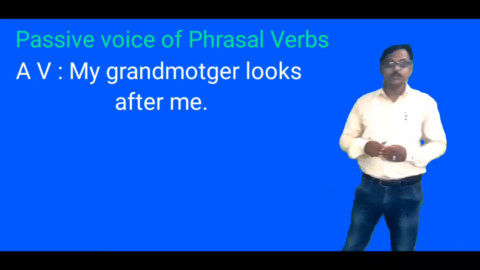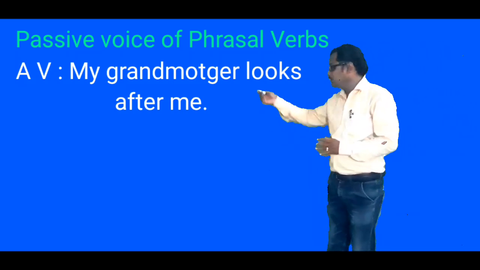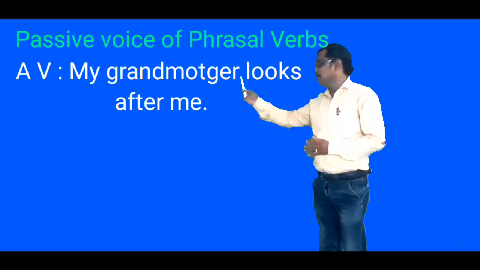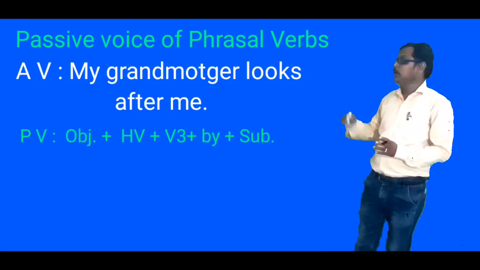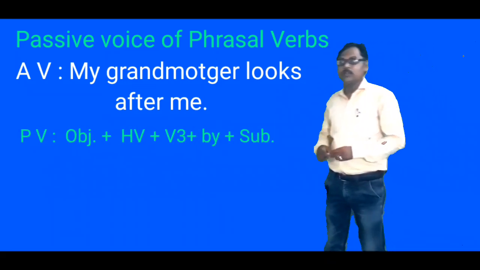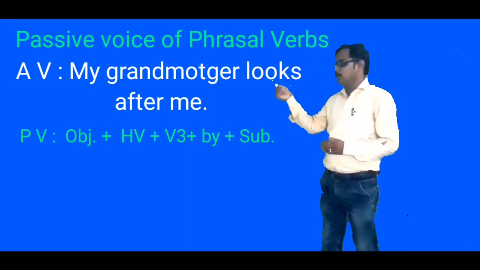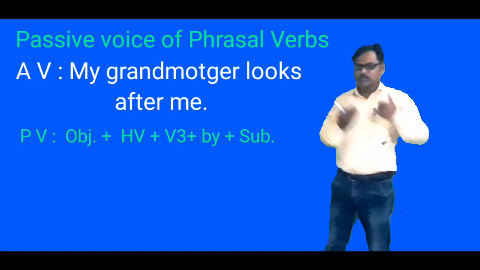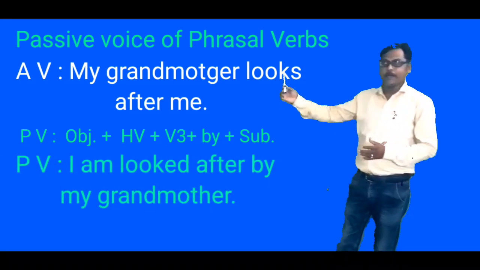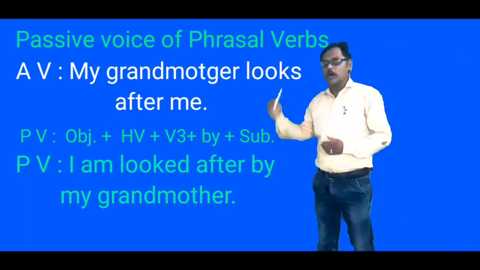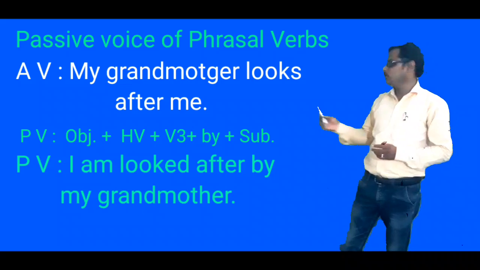So how can we change it? When it is in the simple present tense, we use is, am, are. So first the object is me, and when we take this me into the subject, it changes into I. So first we take I, then we use the verb to be. Here it is I, so we use am.